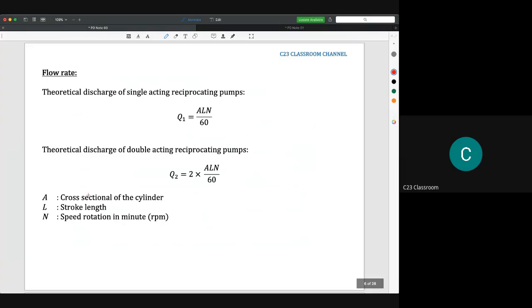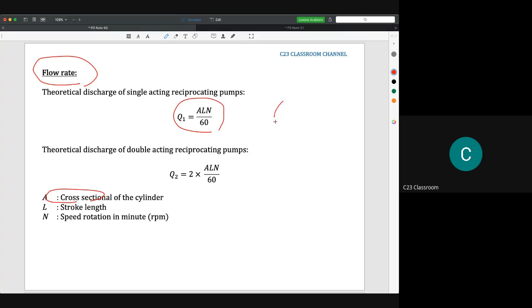Okay, so first, these are a few equations that you should know. The first is the flow rate. We can calculate the flow rate with this equation: Q is equal to ALN over 60. What is A? A is the cross-sectional area of the cylinder.